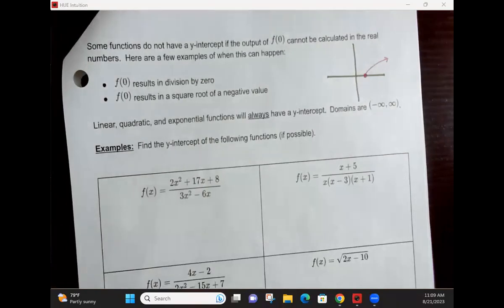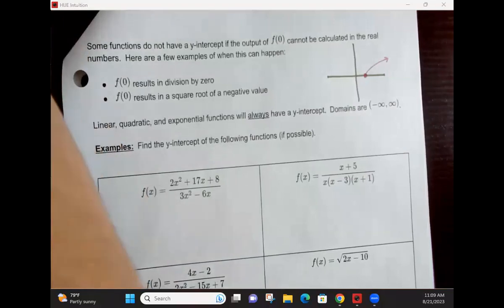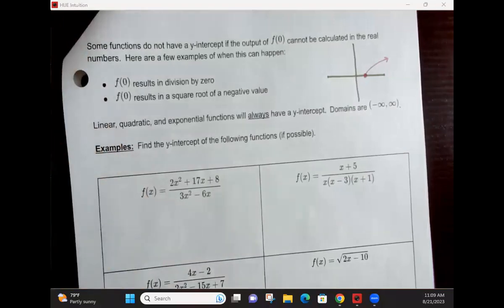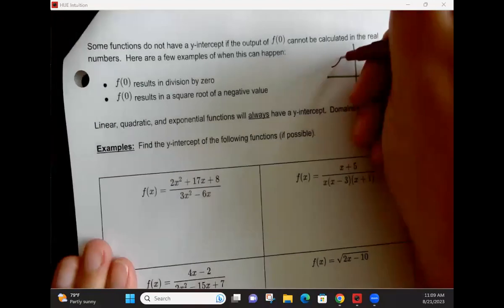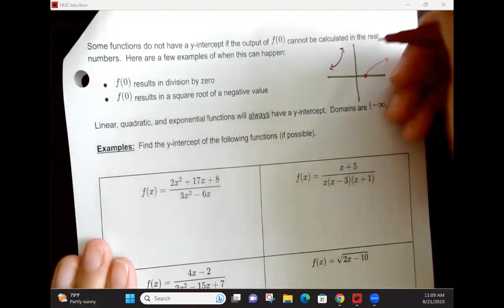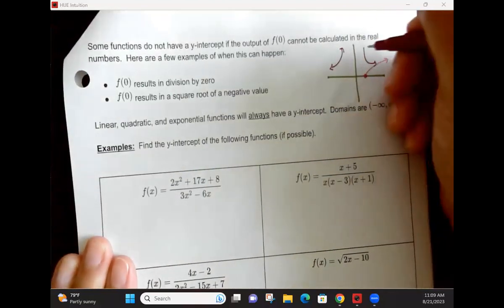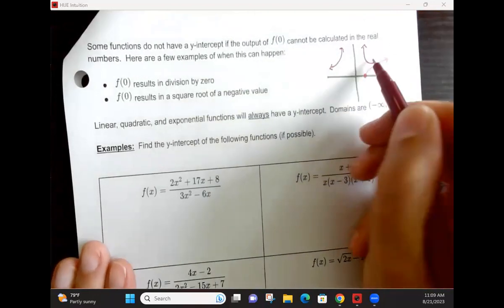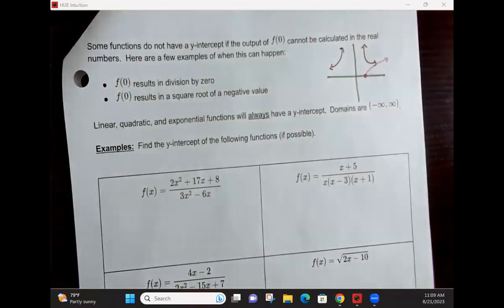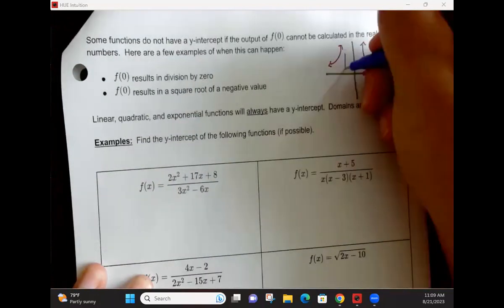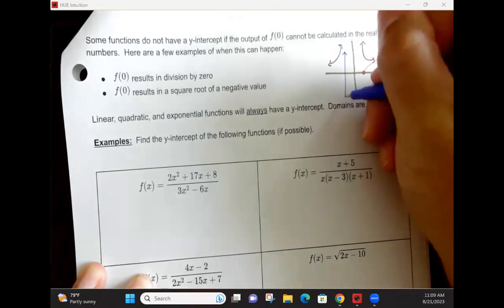It could also look like, we'll talk about rational functions later on, that are sometimes separated into different pieces, and those pieces may or may not cross or touch the y-axis. We could also be talking about a vertical line.